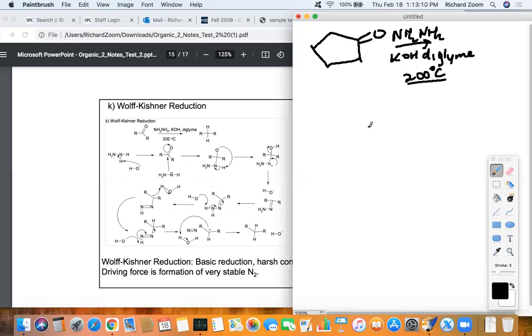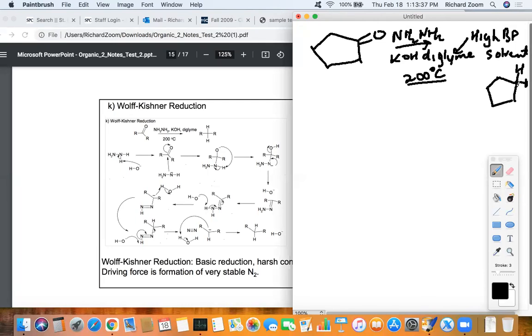So that's pretty intense if we're talking about conditions here. Diglyme is a very high boiling solvent. It boils at about 200 degrees, not coincidentally. And the product then is just going to be the alkane. I'll just put 2 hydrogens here for where the C double bond O was.